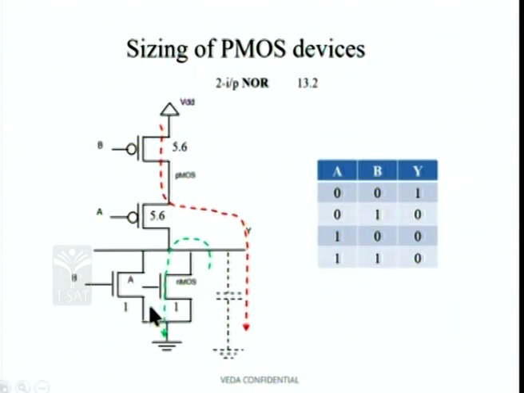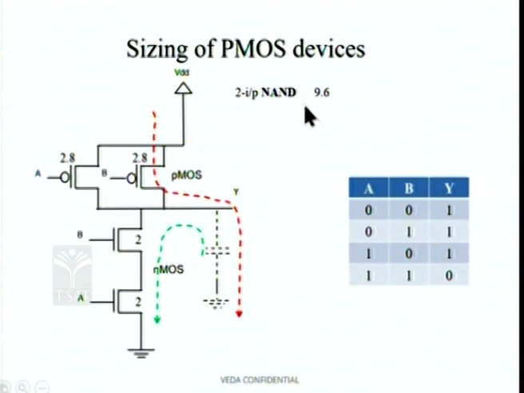Now you see here that the area of this has got a number 5.6 plus 5.6, 11.2 plus 2 is 13.2, whereas a NAND gate had got a value of 9.6.